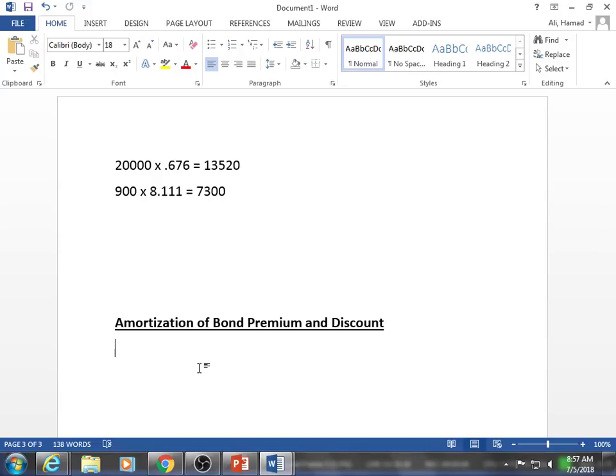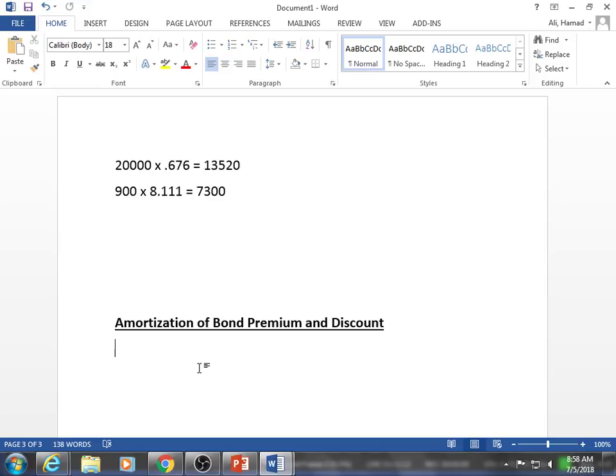Again, discount means the cash value that we're getting out of issuing the bond is less than the face value. Therefore, this discount is going to affect our interest. Every time we pay interest, we amortize a little bit of that discount, and it will go down, until we amortize the whole discount or premium.